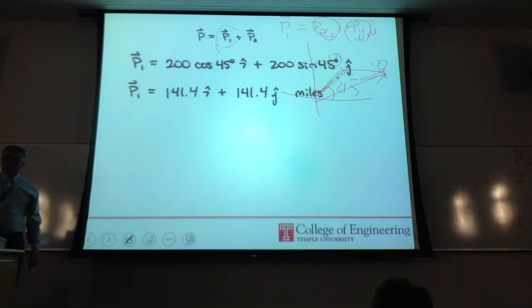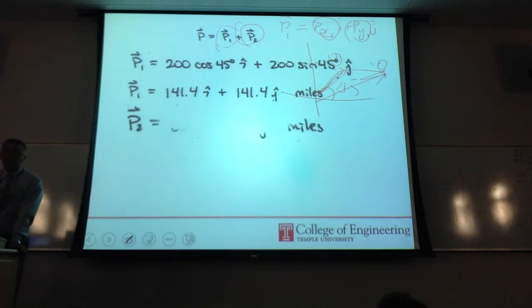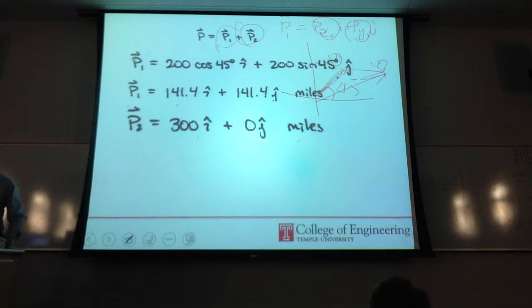So, we've done this. What else do we need? Yes. We need P2. Can you tell me what P2 is? You don't need to be in this class now. You can just leave. Right? Easy.